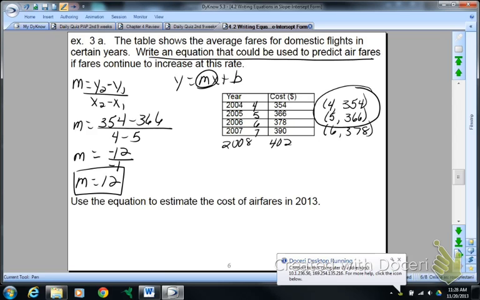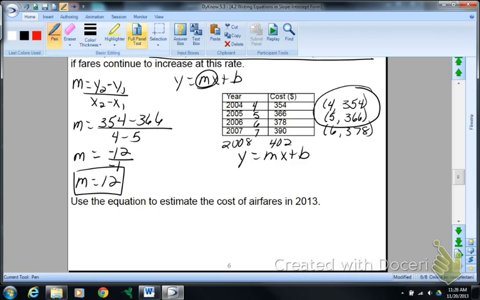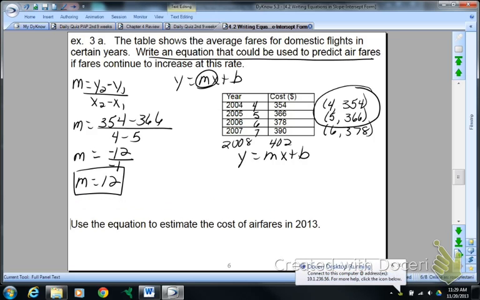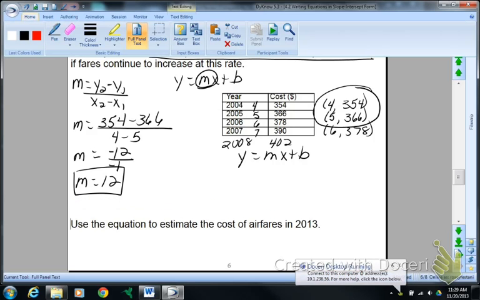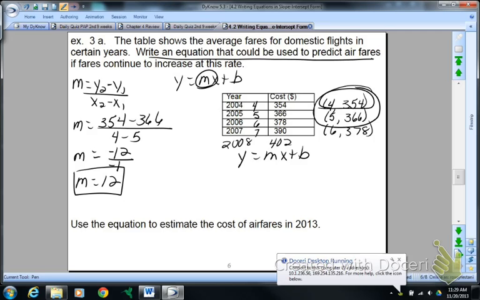We need to find our b. So we're going to go and write y equals mx plus b. We know our m. We have to find our b. Now, you can use either point you want. I'm going to just use the first point. So I'm going to use the 354. So y is 354 is equal to m is 12 times x is 4 plus b.